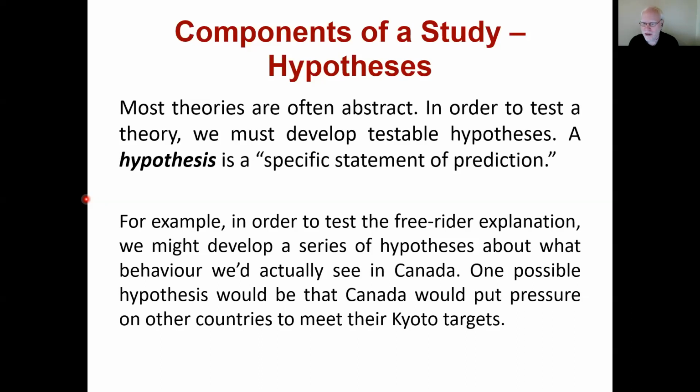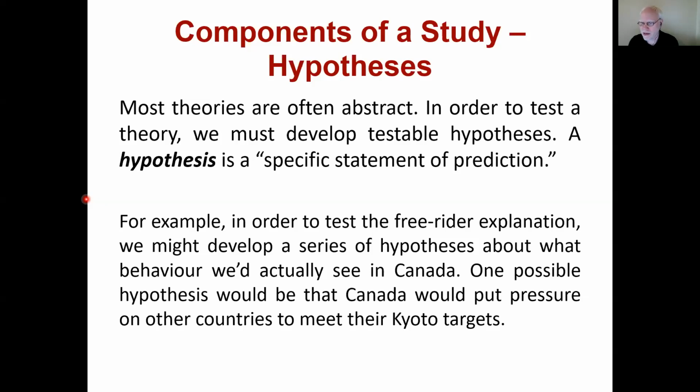So Canada could cut its emissions, pay the cost of cutting its emissions, and lose, or it could not pay those costs, watch as everybody else cuts emissions, and still get the benefits. It gets the benefits of not paying the costs, and it gets the benefits of a better environment, or stopping climate change, so not getting the negative effects of climate change. That seems like a win-win.